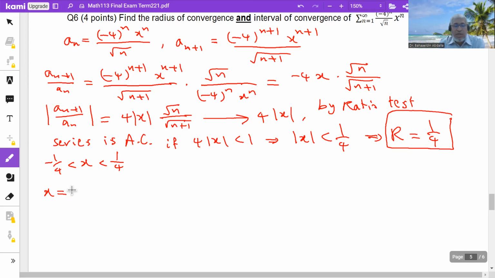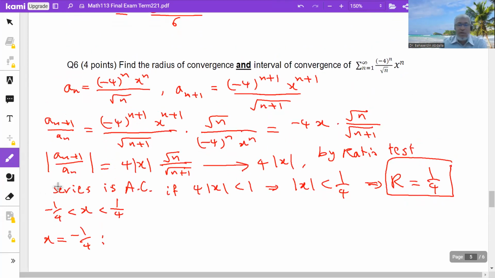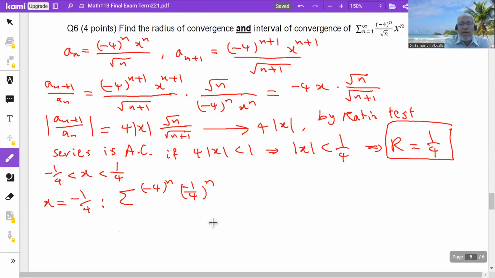Okay, so let us consider the case when x is -1 over 4. Here, the ratio test will give you 1. The limit would be 1. So the test fails. So let us go to the original series, this one, and replace x by -1 over 4. So I have (-4)^n, and instead of x, I have (-1/4)^n, and below I have square root of n.